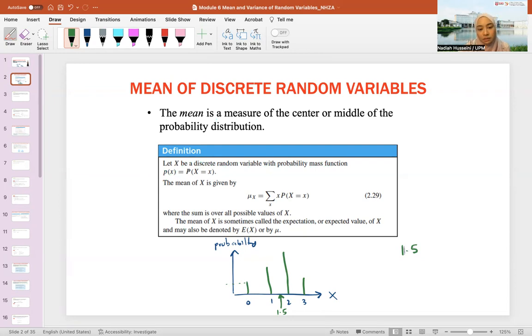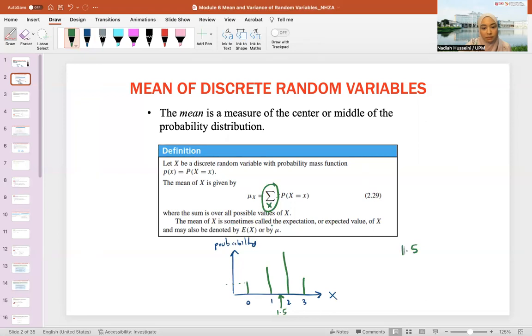So P(x) is the probability that X equals some value of random variable X. The mean of random variable X is given by mu subscript x equals the summation of all the values of x times the probability of x, where the sum is over all possible values of x. So when we have this sum symbol, it means that you are going to add all the values of x.